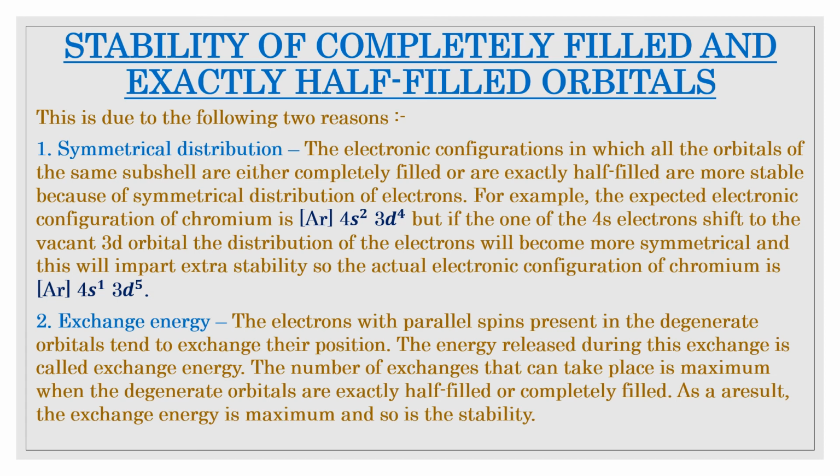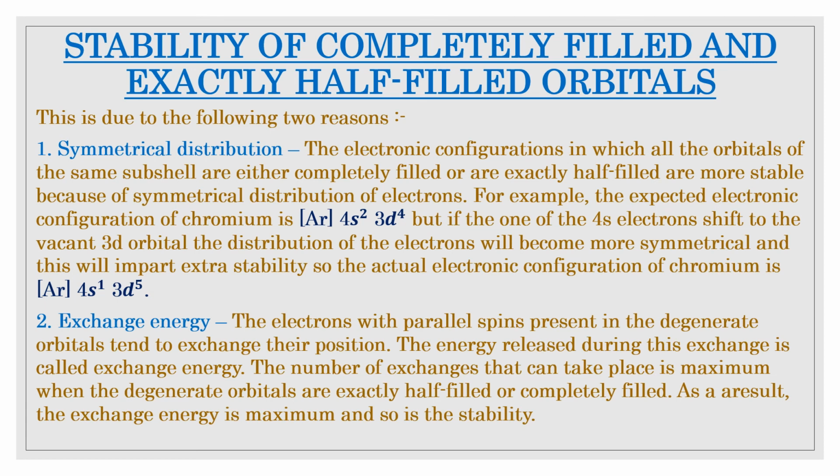Suppose we consider the d5 configuration. D5 means the d subshell has 5 orbitals containing singly occupied electrons, and all are in the same direction, meaning all have spin quantum number plus half.